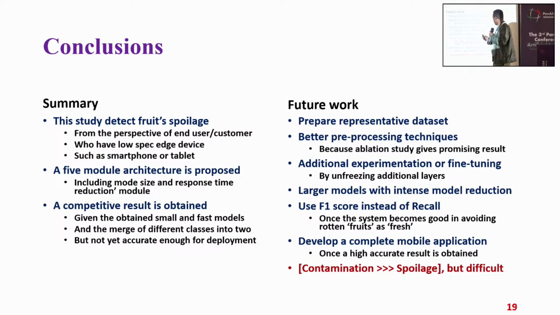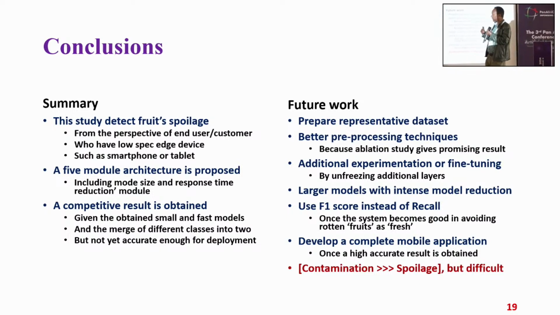In this research, we handle spoilage. But spoilage can be easily identified by the naked eye. Because in spoilage, the fruit is already spoiled in an identifiable way, but contamination is difficult. This is the best. End customers may by themselves identify spoilage, but contamination is not identified by our eye.